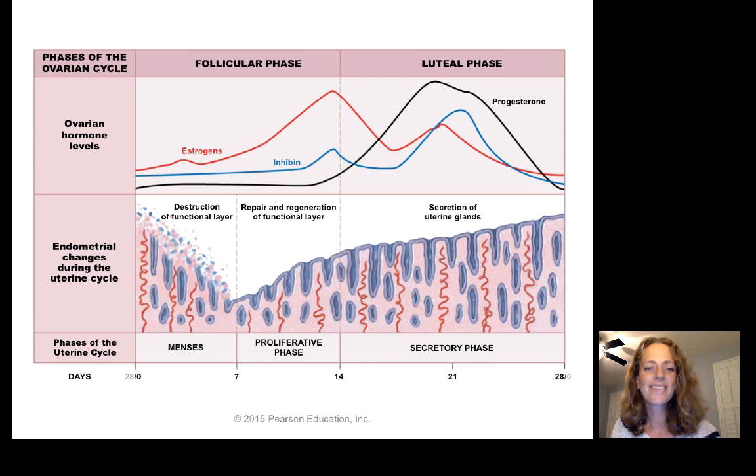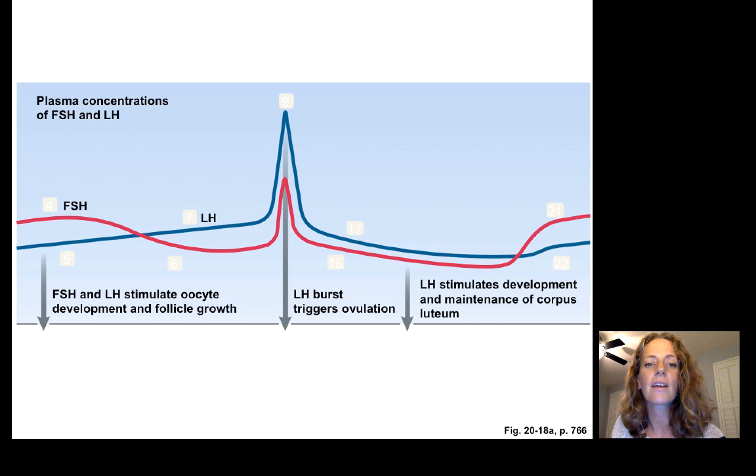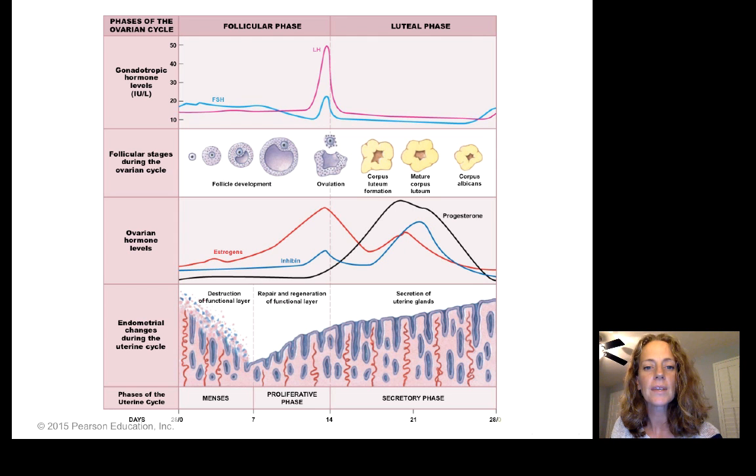Okay, are you guys getting it? Take a moment to go back to the summary diagram, this one, and go step by step. What is happening in the follicle? What is happening in the egg? And what is happening in the uterus that mirrors what should be happening with the egg?